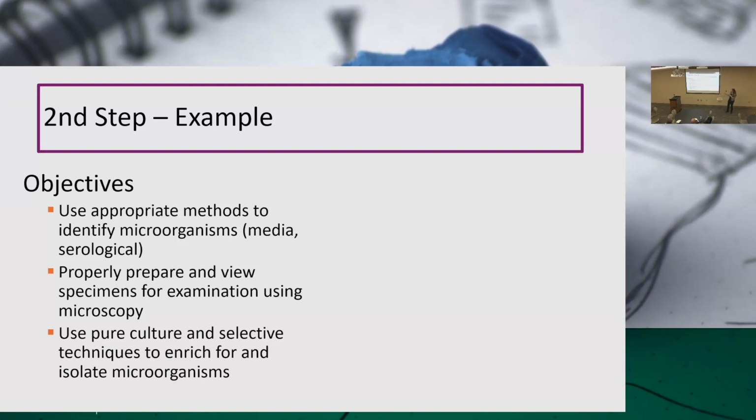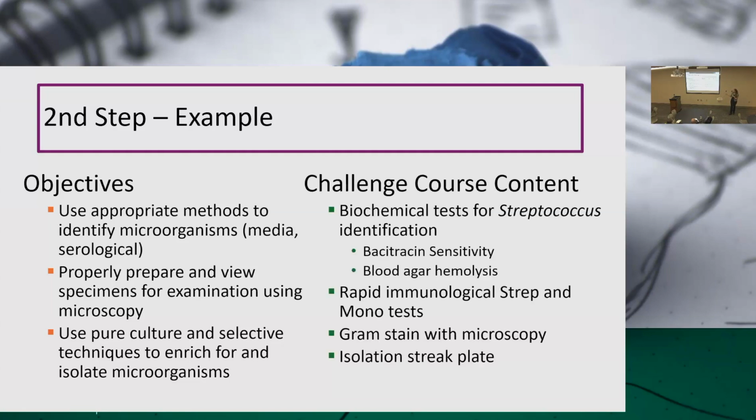So we combine these objectives, using appropriate methods, media and serological, preparing specimens for microscopy, understanding how to achieve pure culture, and we combine them into a challenge. And in this challenge, and I'll show you how it's laid out in the next slide, we're doing biochemical testing, immunological testing, staining and microscopy, microscopy technique and isolation. So we're not breaking out those things into separate components anymore.